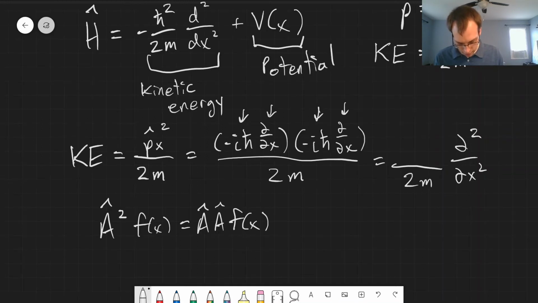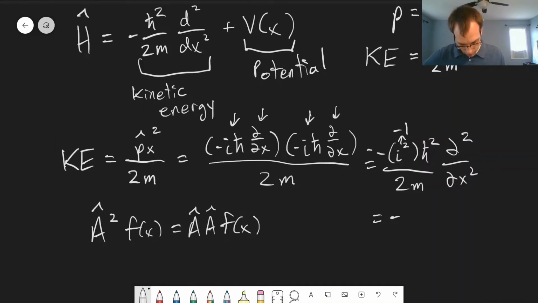And we have a negative times i squared with another negative, so there's two negatives and an h bar squared. Overall, i squared is negative 1. We have negative, negative, negative, three negatives, which ends up being overall negative. And so we end up with negative h bar squared over 2m, second derivative with respect to x.